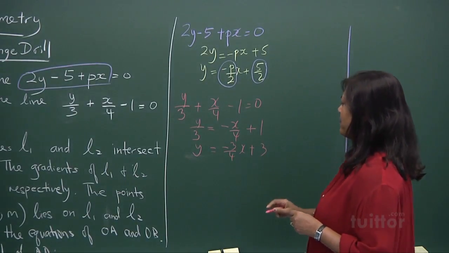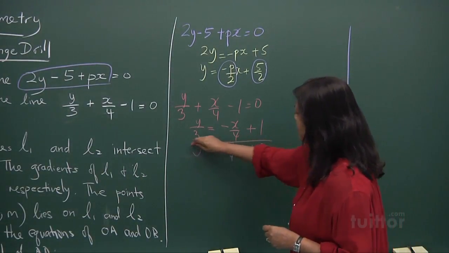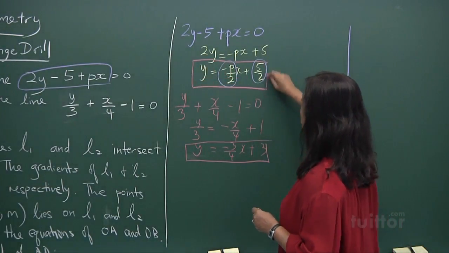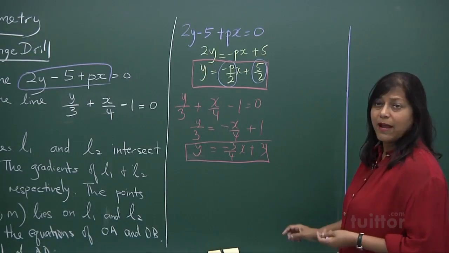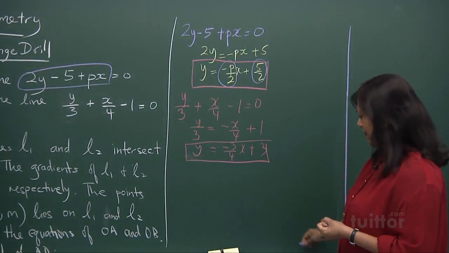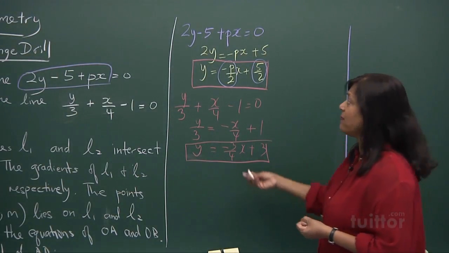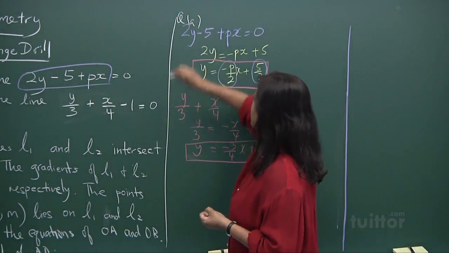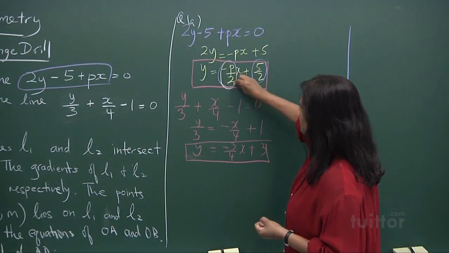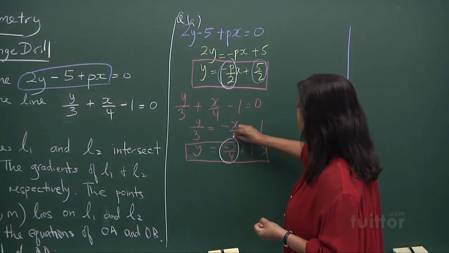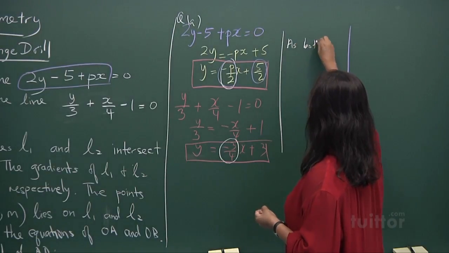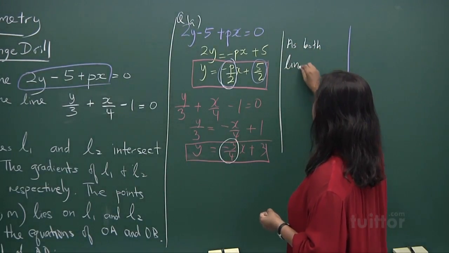Do you see that? Now you look at this equation and say, hey, these two are supposed to be equal, right? They are parallel, and parallel means they have the same gradient. Equation question 1a, let me put that. So as both lines are parallel, what does it mean?